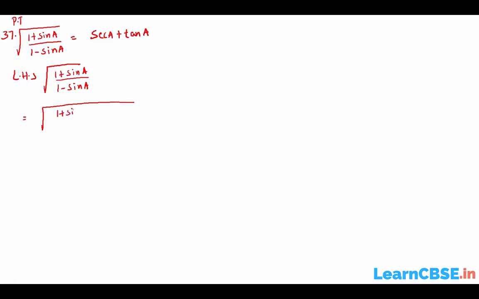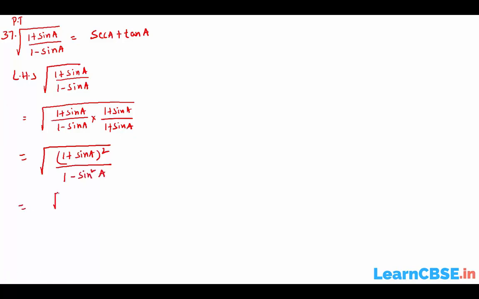So 1 plus sin A by 1 minus sin A into 1 plus sin A divided by 1 plus sin A. If you observe carefully, 1 plus sin A, 1 plus sin A, same term, I can write it as 1 plus sin A whole square, whole divided by 1 minus sin A into 1 plus sin A. So A square minus B square formula, A minus B into A plus B, that means 1 square minus sin square A.